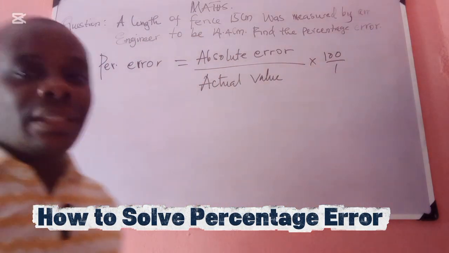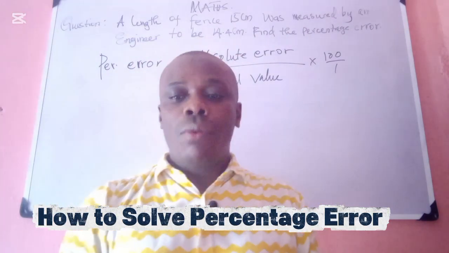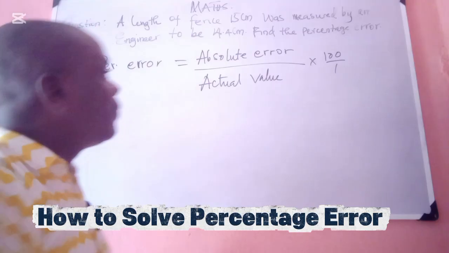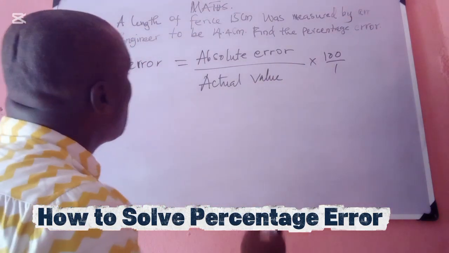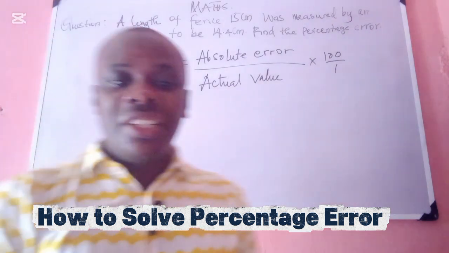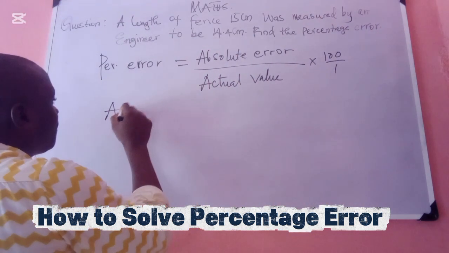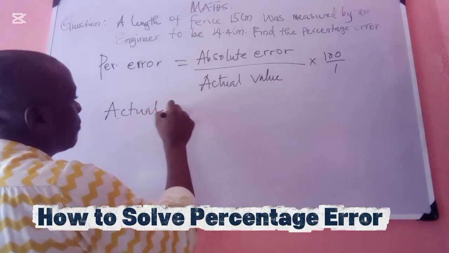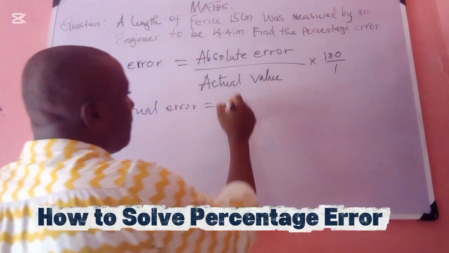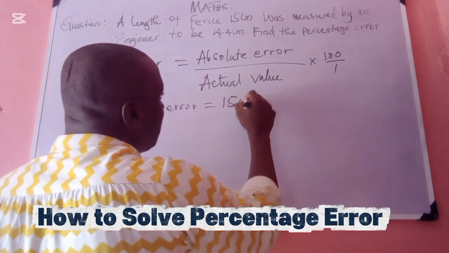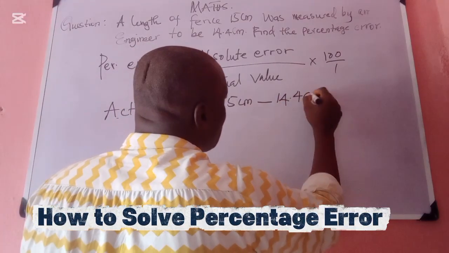So we are saying that the percentage error is equal to the absolute error all over the actual value, as I've already written on the board. The next stage now is to look at the actual error. So actual error is equal to 15, which was the original value, minus 14.4 cm.